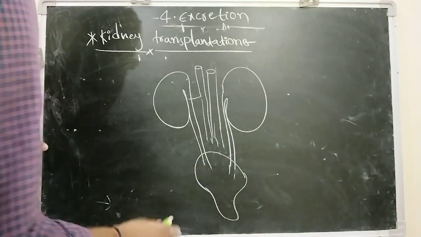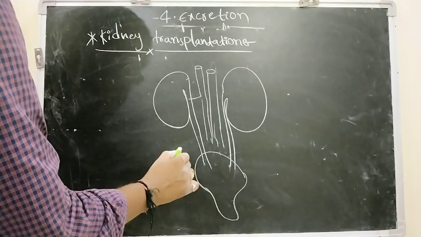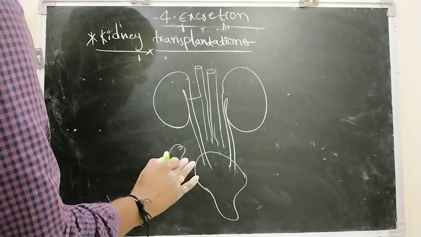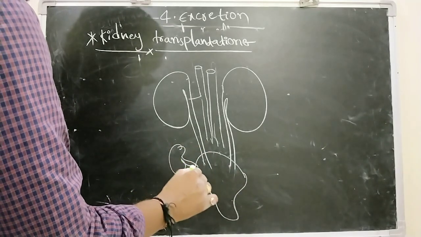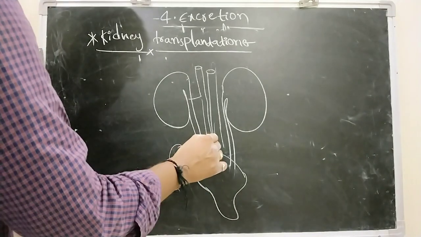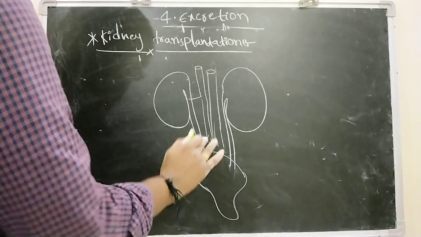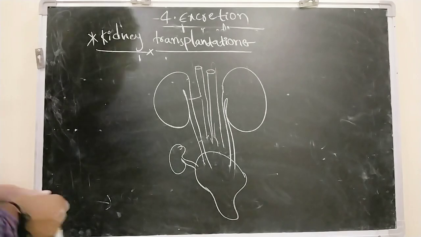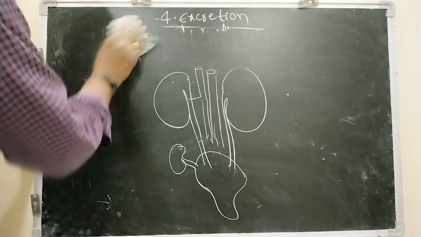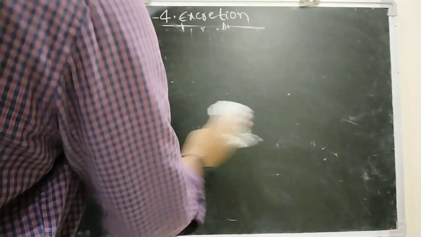So the kidney which is transplanted is kept close to the urinary bladder. So this is about kidney transplantation, and we will discuss another topic in the next class.